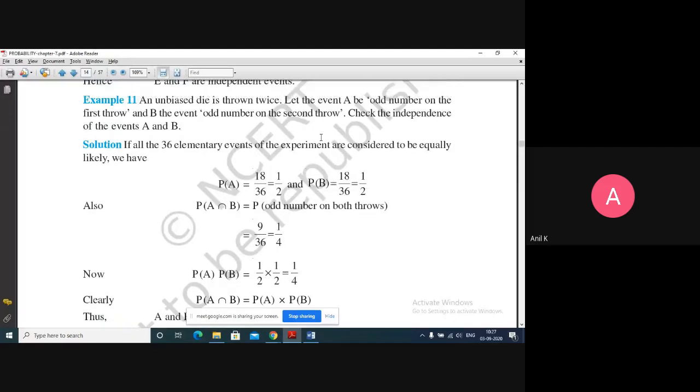So first, P of A: an odd number on the first die. So the entire first row will come: 1,1, 1,2, 1,3, 1,4, 1,5, 1,6. Then the entire third row will come: 3,1, 3,2, 3,3, 3,4, 3,5, 3,6. And the entire fifth row will come.